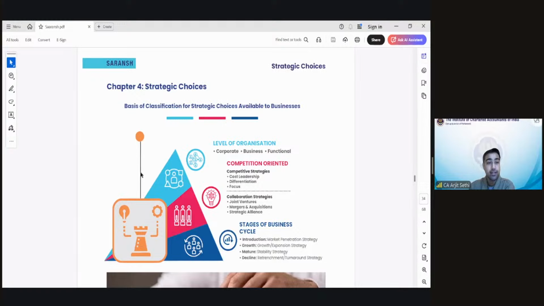Okay, very nice. Kavisha says JVs are more permanent, but strategic alliances are not very permanent yet long term. Good, very nice. What else could be a difference between a JV and a strategic alliance?